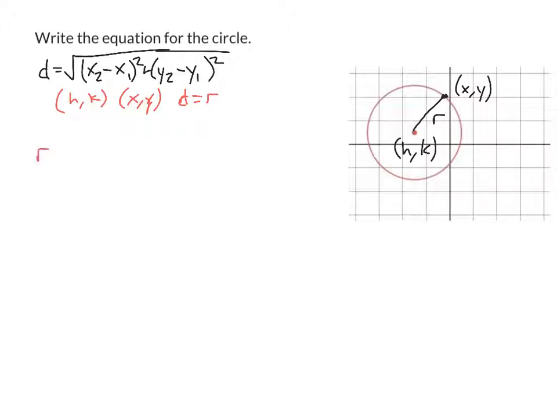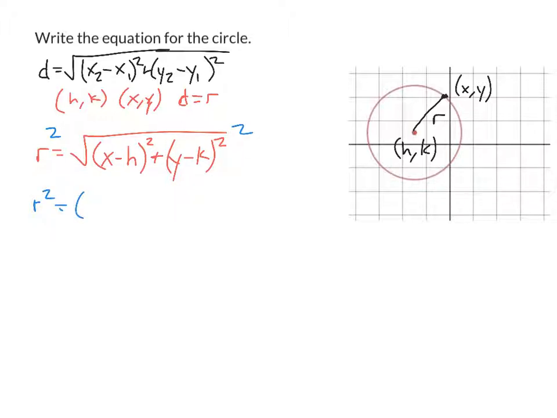So we'll replace d with r, equals the square root of, we'll subtract our x's, (x minus h) squared, plus, let's subtract the y's, (y minus k) squared. And I'll clean this up just a bit by squaring both sides. So r squared is equal to (x minus h) squared plus (y minus k) squared.